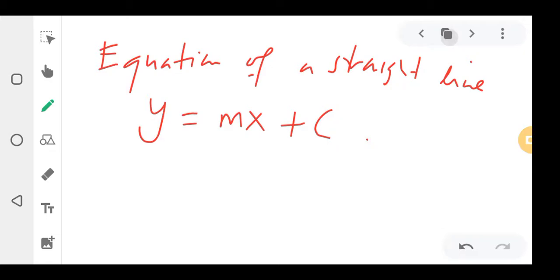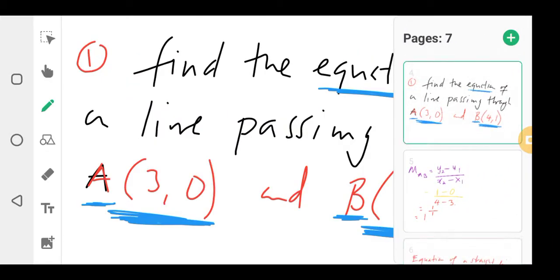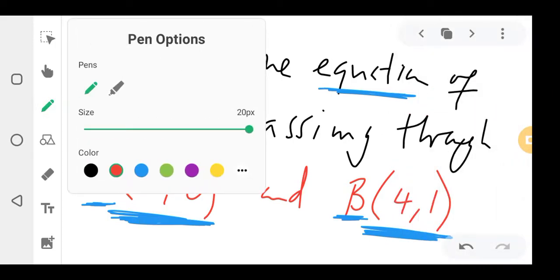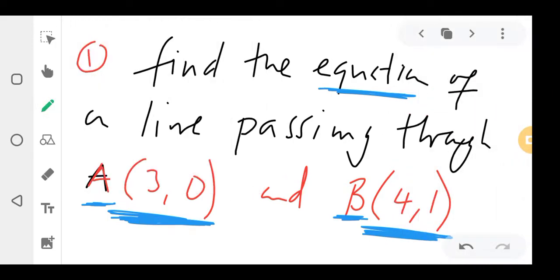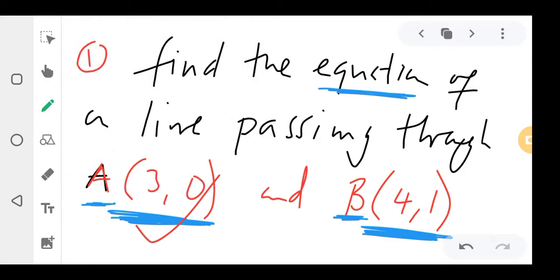So what you do is you pick the first point. You pick the first point. And what is my first point? This one. So I've picked A, point A, which is (3, 0).